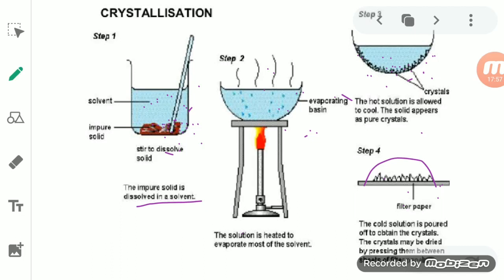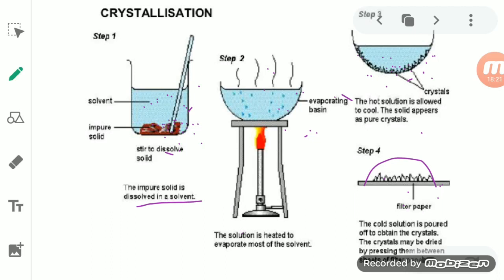They will not remain on the filter paper. So by this process you can separate impure copper sulfate from the impurities. This is the method of crystallization by which you can separate a solid component from the liquid component.